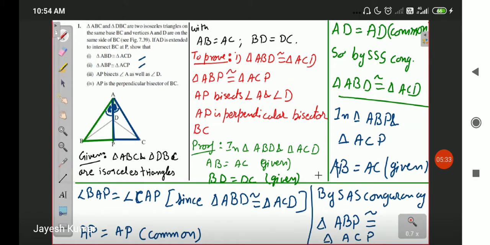I believe there are no more problems in these two parts. Now let us do this.